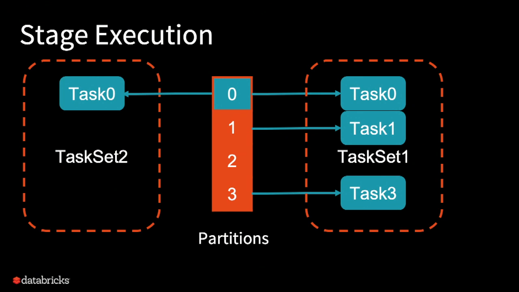In another stage execution, the stage has finished the execution on partition 1, partition 2, and partition 3. So the new task set, task set 2, only needs to start one task to execute on partition 0. And when it finishes, it will mark the stage as finished and continue to work on its children stages.